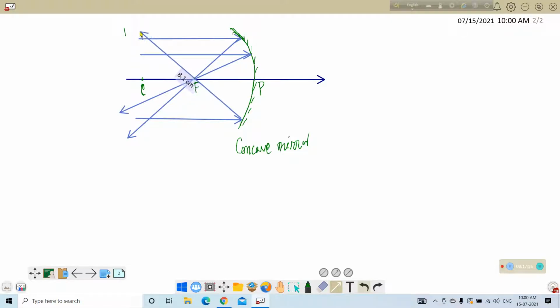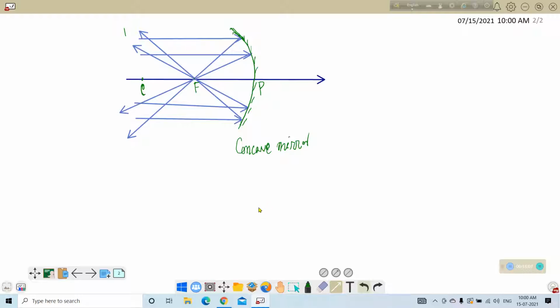This is the manner of reflection. Another ray, if we take, it also will pass through the same point, and that point is termed as the focus of the mirror. Now, this is the case of concave mirror.